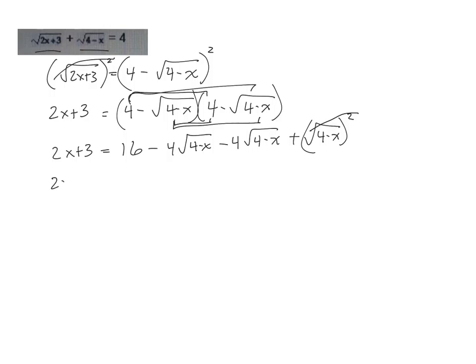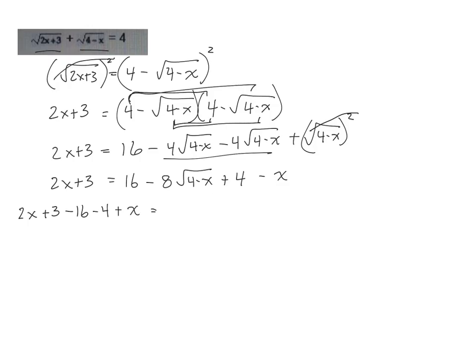Okay, so let's simplify that left side. I have 16. These two together will be a minus 8 root 4 minus x. And then this will be plus 4 minus x. Let's gather all the stuff without roots on the left-hand side. So 2x plus 3 minus 16 minus 4 plus x equals a negative 8 root 4 minus x.